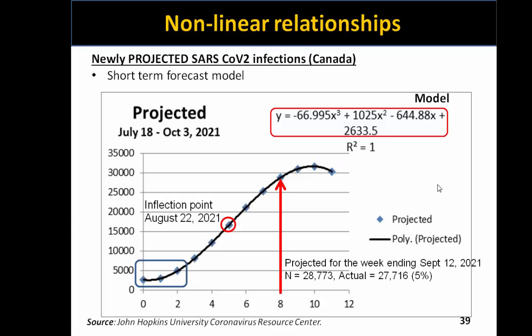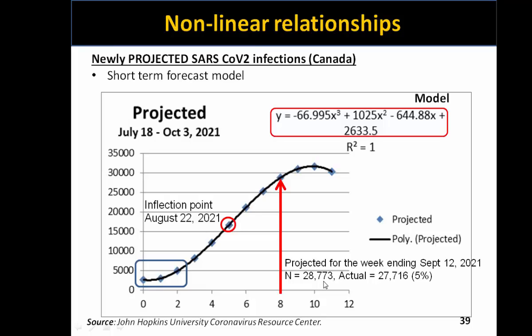And so recall that the model was generated on September the 6th. So using the model, it was predicted that the number of weekly cases for the week ending September 12th was predicted to be 28,773 new cases in Canada for that week.